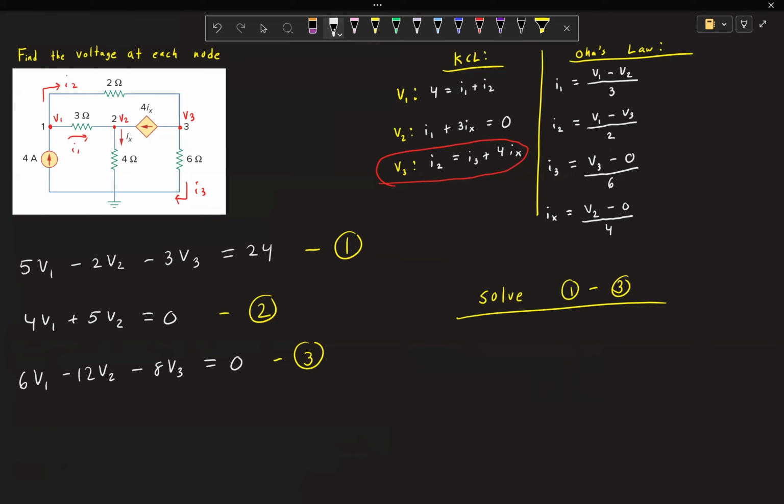So if you just plug that in, you will end up with V1 equals 32 volts, V2 equals negative 25.6 volts, and V3 equals 62.4 volts. And that's an example of how you can use nodal analysis to find nodal voltages.